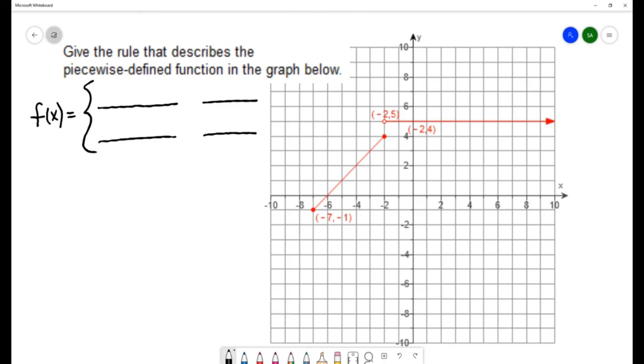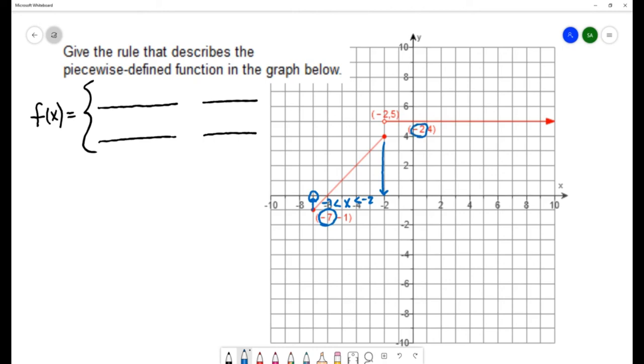Now the conditions are what I like to start with because the conditions are on x. So if we focus on where this piece of the graph starts and stops, that's going to tell us what the conditions on x are. These x's are all in between an x of -7 and an x of -2.